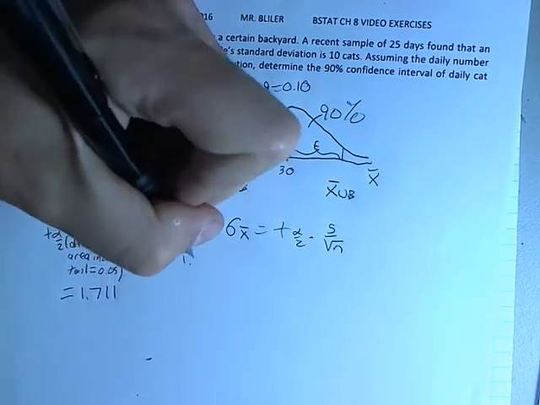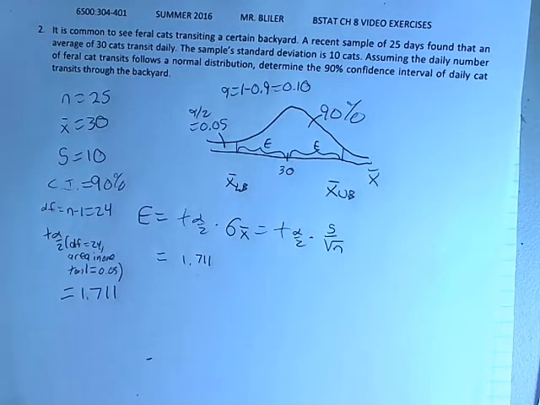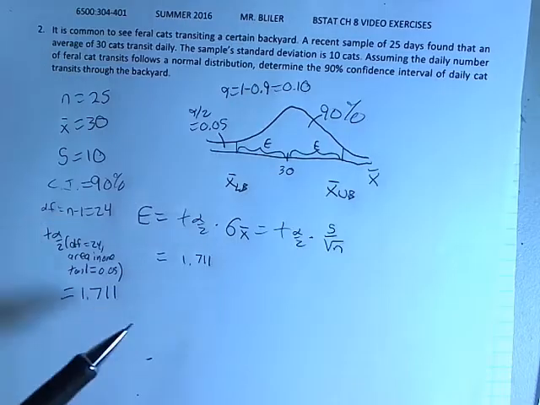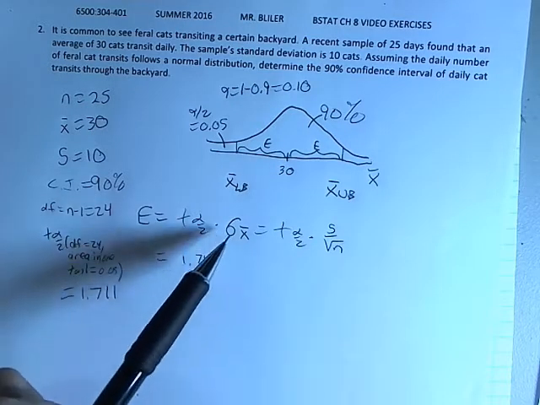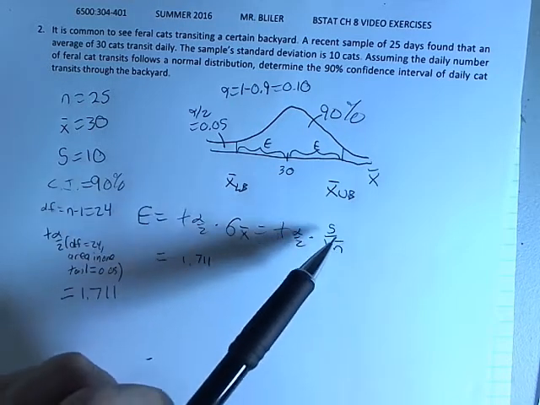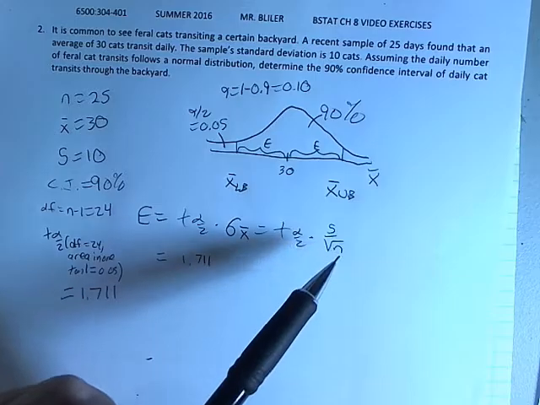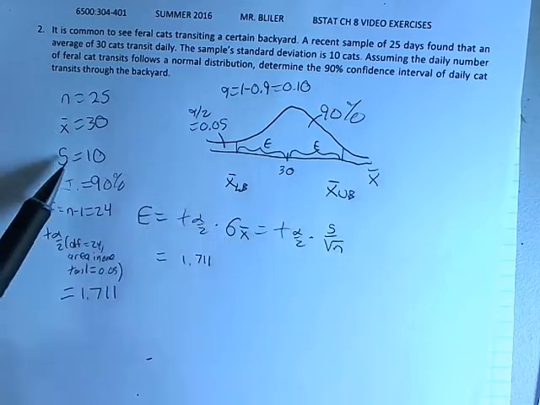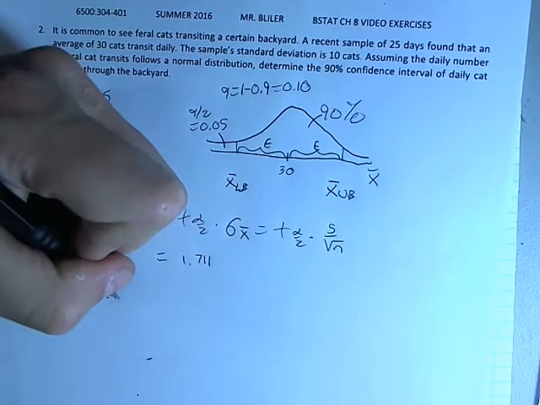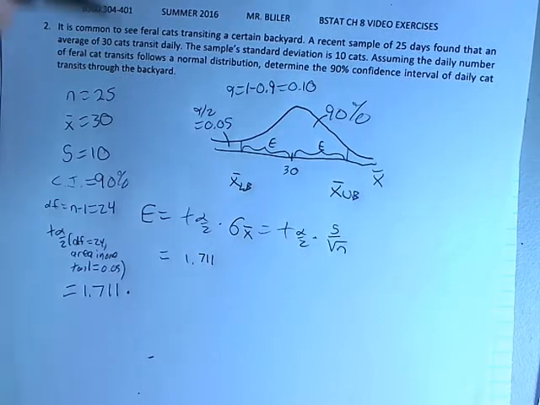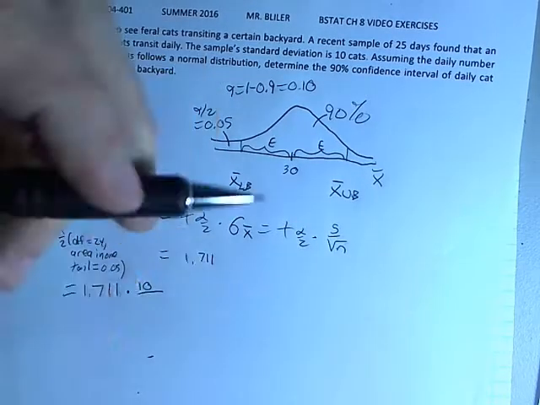So knowing that, we can fill that into our margin of error formula, and now we'll just need to finish this up by including the standard error ratio here. So s, which is our sample standard deviation, is the numerator of that fraction.